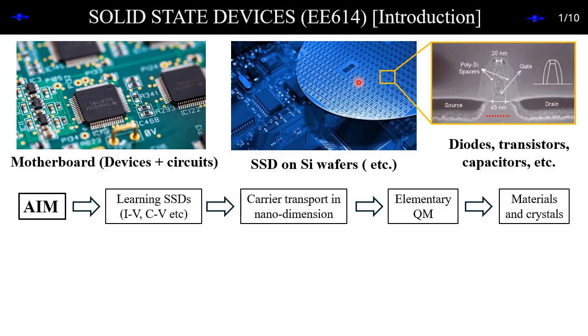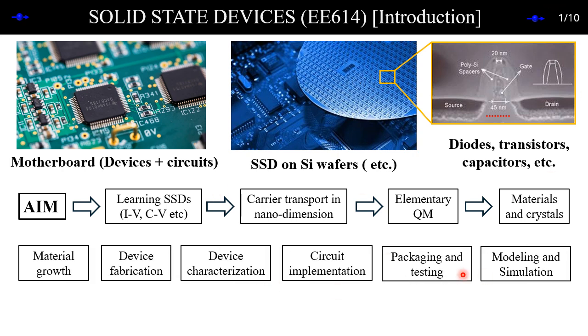For example, the types of materials: silicon, germanium, typically semiconductor materials. We need to understand the materials. Again, we'll not spend too much time on that, but we'll spend a good amount of time understanding the materials and crystal structures. So this is overall the roadmap or broad picture.